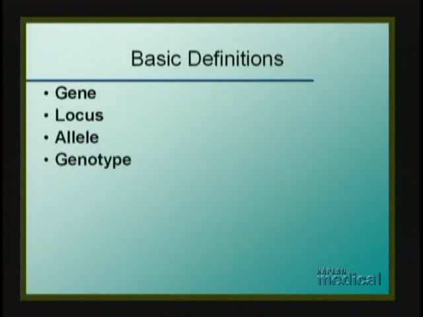The term genotype refers to the particular alleles that a person has at some locus. For example, again, in our discussion of sickle cell disease, we would talk about people who are homozygous normal, having two normal alleles for beta globin. We would talk about people who are heterozygous or carriers.